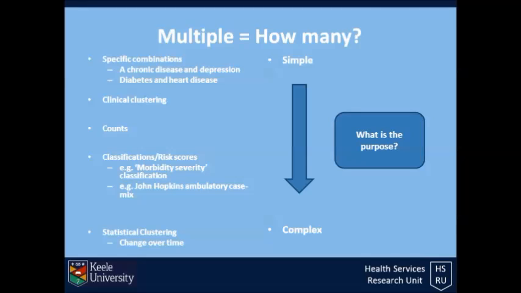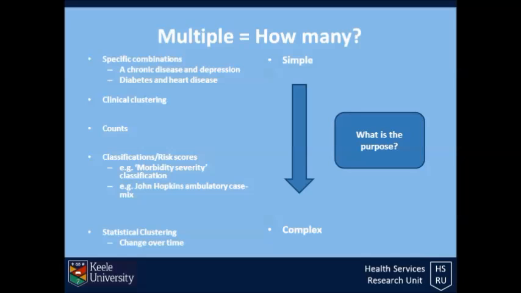The other way people have looked at comorbidity or multimorbidity is to look at counts, simply counting the number of conditions people have. But the problem is that just counting doesn't give you an idea of what the person has. One person's count may include cancer, but another person's count may include depression. We have developed more sophisticated measures to look at this issue, and some of you may have come across classification or risk scores, such as the BUPA risk score or Johns Hopkins ambulatory case mix.